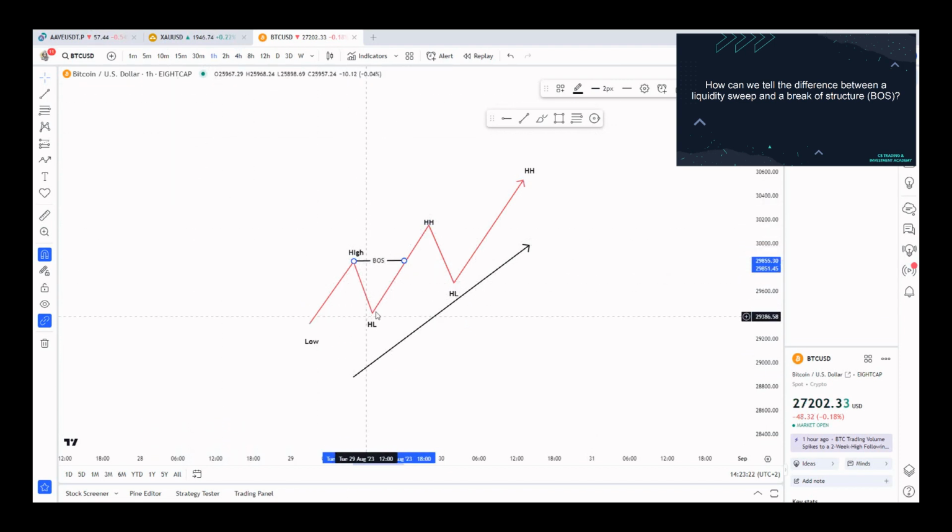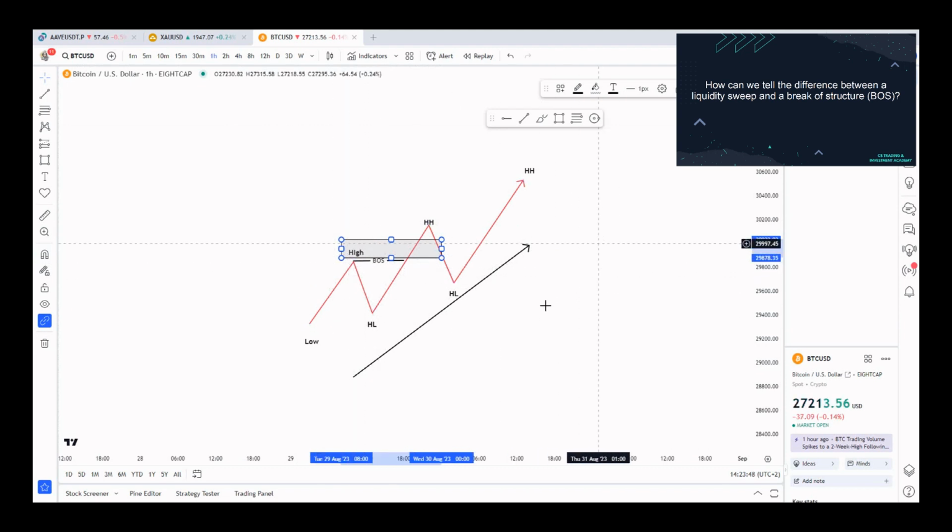It will be the same as this. You will see a move up from the higher low to the higher high, but price briefly touches the liquidity that's above the recent high, so in this block. But instead of going through that, forming a new higher high, it rejects and goes down and closes below the previous high.